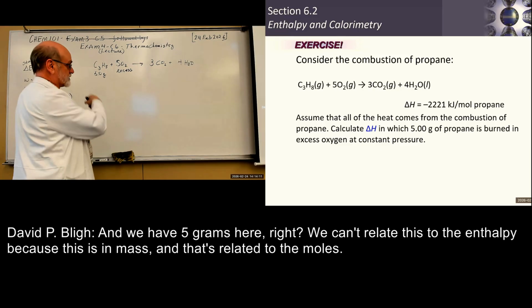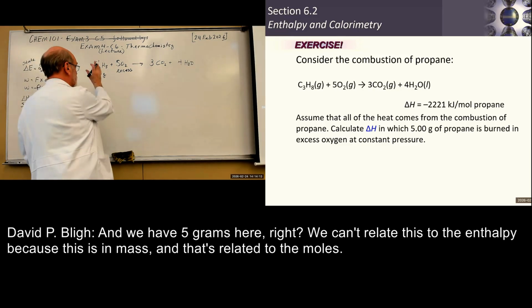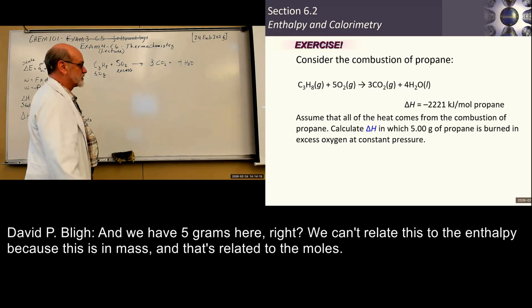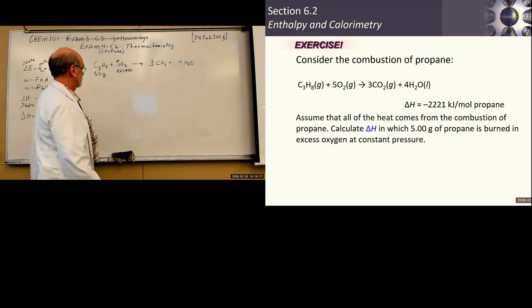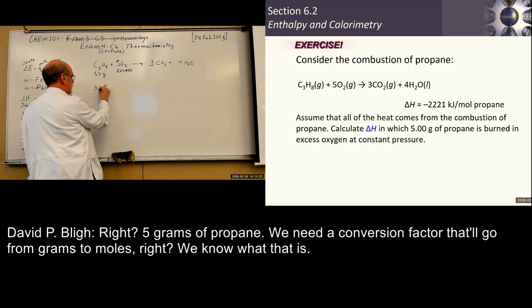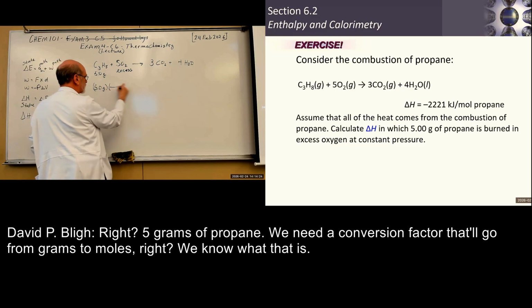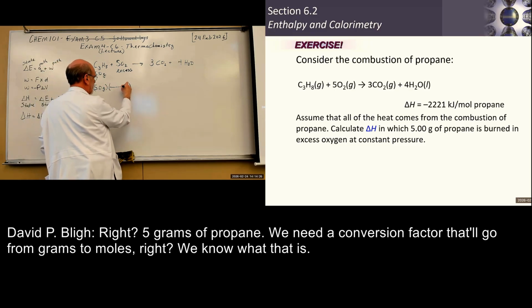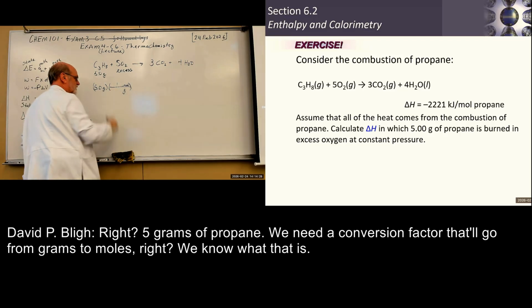We can't relate this to the enthalpy because this is in mass, and that's related to the moles. So this has to be converted to moles, right? We need a conversion factor that'll go from grams to moles. We know what that is.